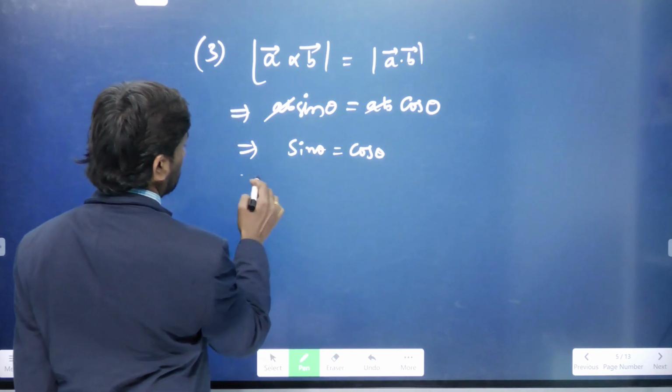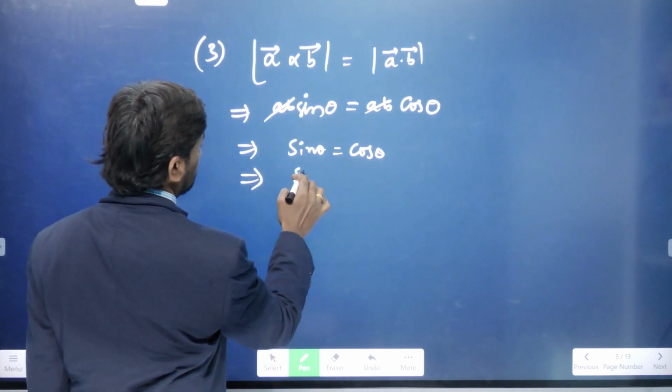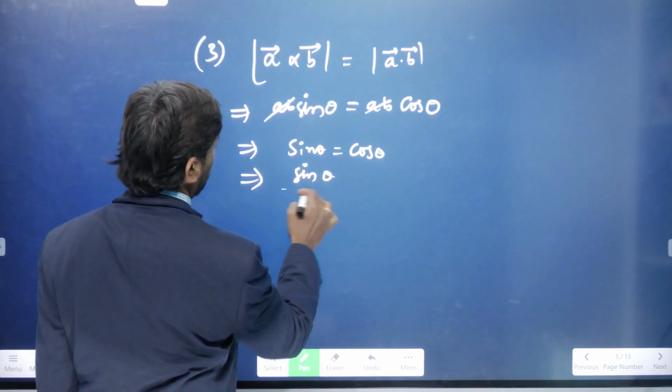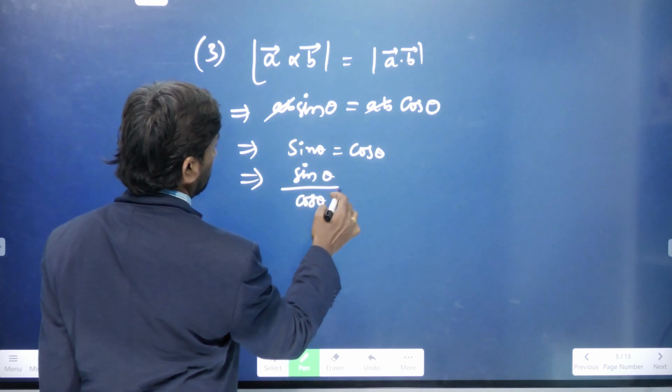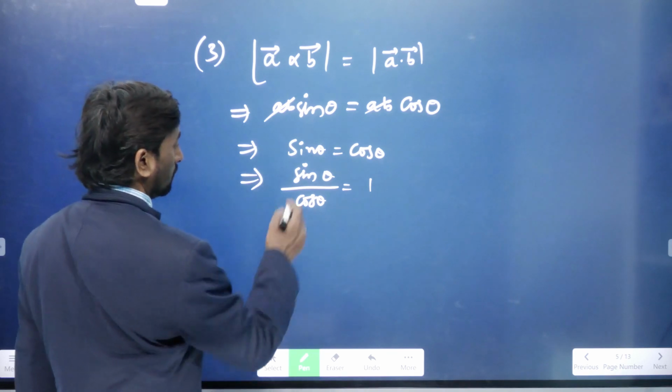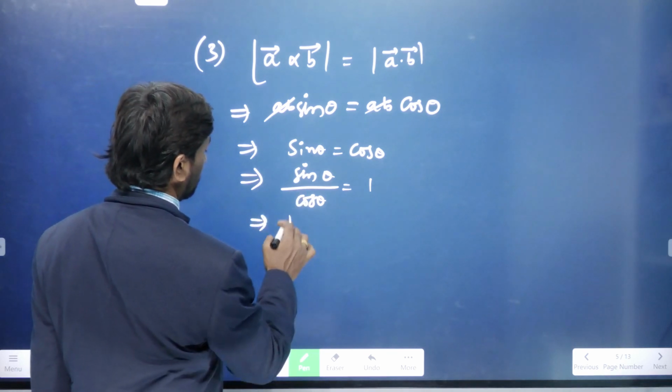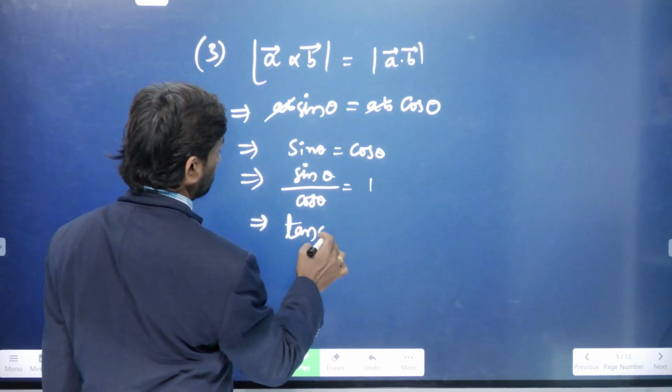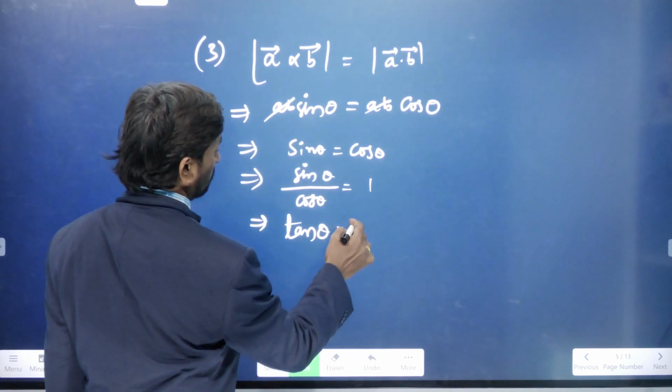If you bring the cos theta to this side, it will become sin theta divided by cos theta equals 1. Then sin theta by cos theta is nothing but tan theta, no? So tan theta equals 1 we got there.